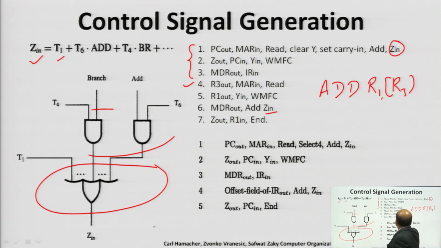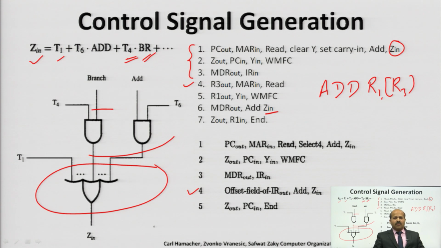It is also available with the unconditional branch at step number 4. When we are talking about unconditional branch, Zin is used in the fourth step. That is why T4.br is written. BR stands for unconditional branching.